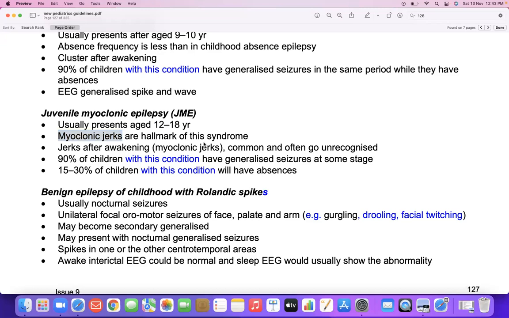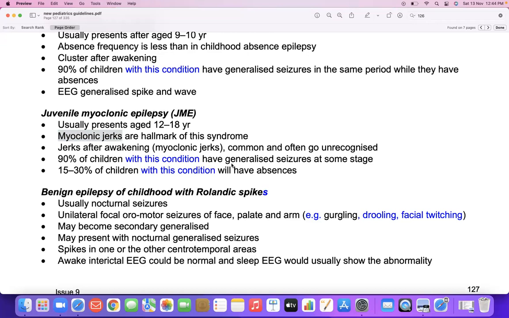Myoclonic jerks are the hallmark of this syndrome. Usually they will have myoclonic jerks after awakening, which are common and can go unrecognized.